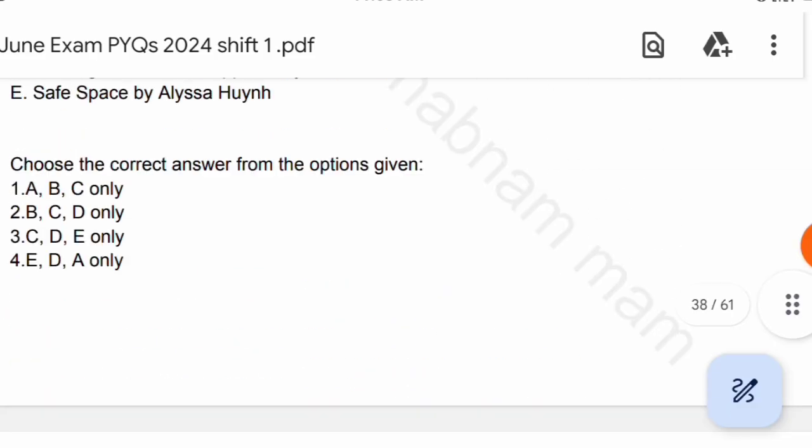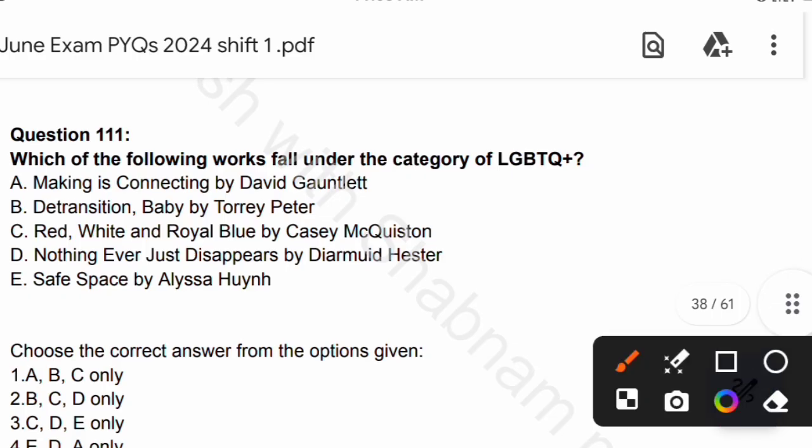C, D, and E. Here you will understand C, D, and E. Red, White, and Royal Blue, this is LGBTQ. Nothing Ever Just Disappears, this is also LGBTQ, and Safe Space by Elisa, this is also LGBTQ.